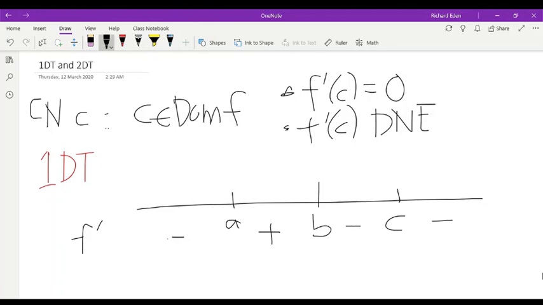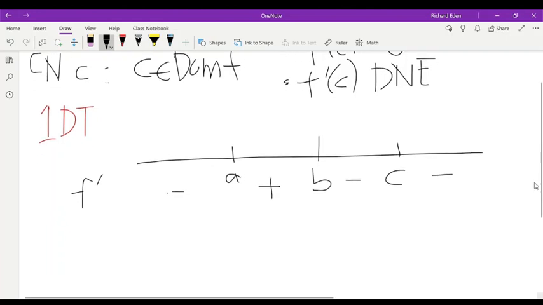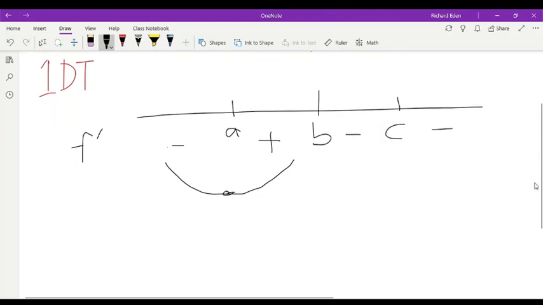So therefore, before a, the function is decreasing, and then after a, the function increases, which means that you have a low point at a, and so therefore f has a relative minimum at the number a.